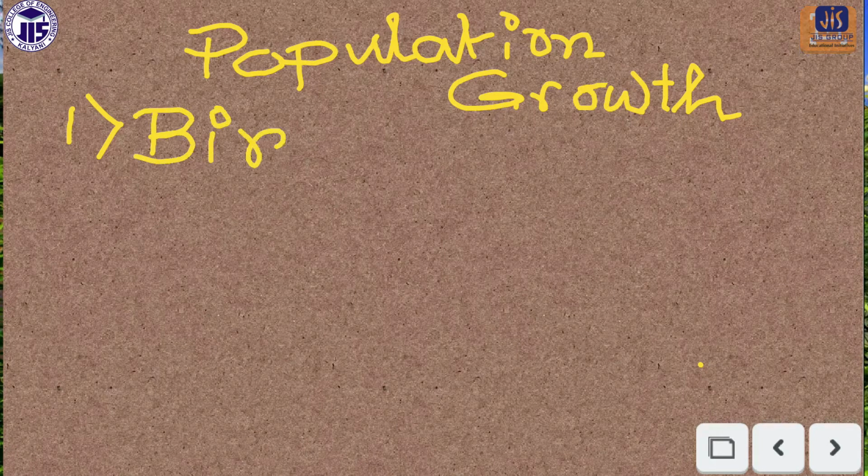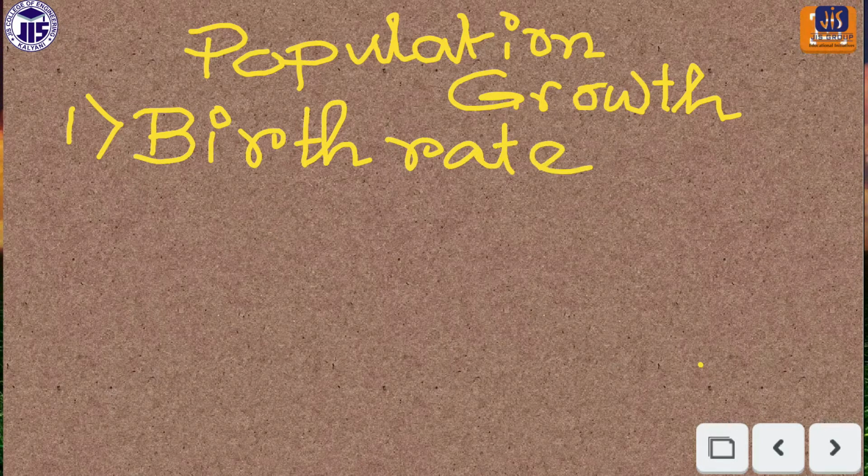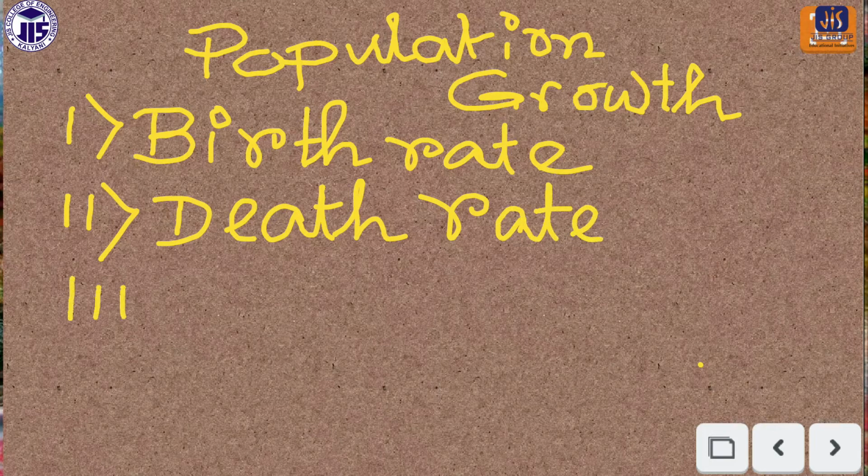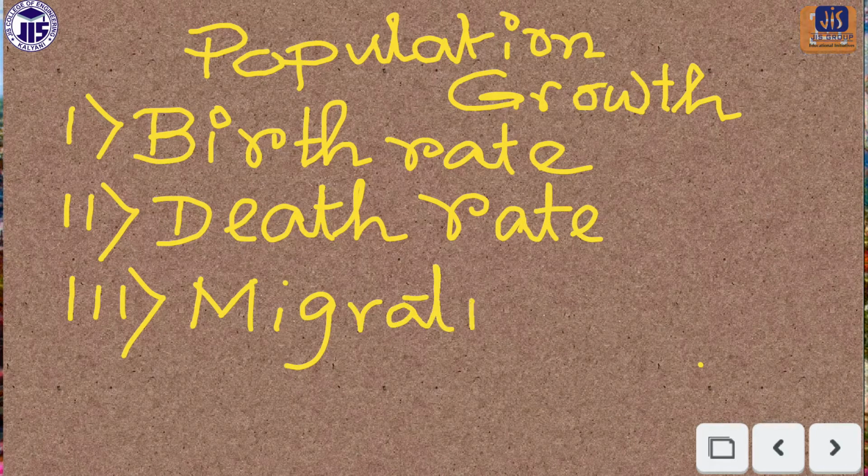The second factor is obviously the death rate. And the third factor is the migration rate. For a particular region there are some kinds of migration rates also.